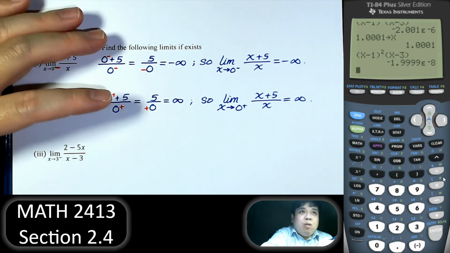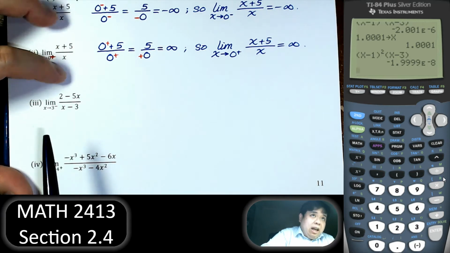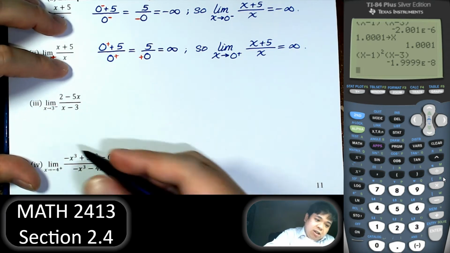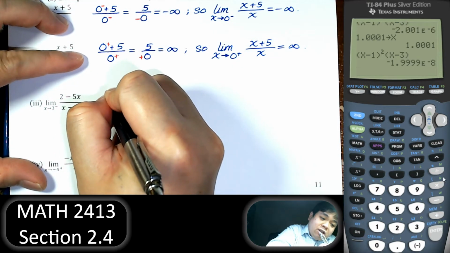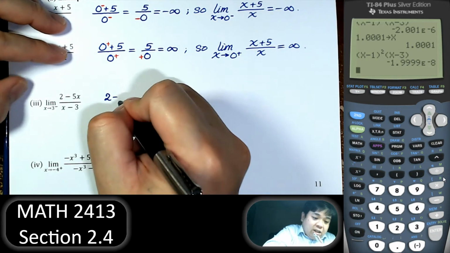Right, a little more complicated here. How about this? Limit as x goes to 3 from the left side of 2 minus 5x over x minus 3. Again, just put in a number. Just a number first. We'll worry about the one-sided limit later.